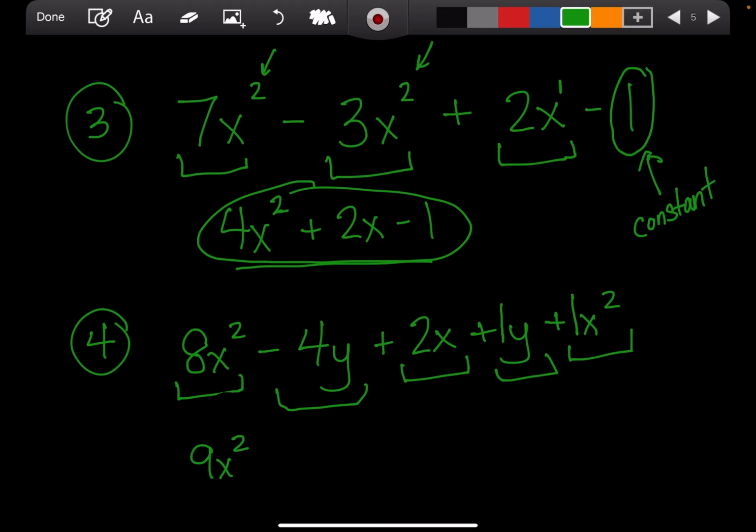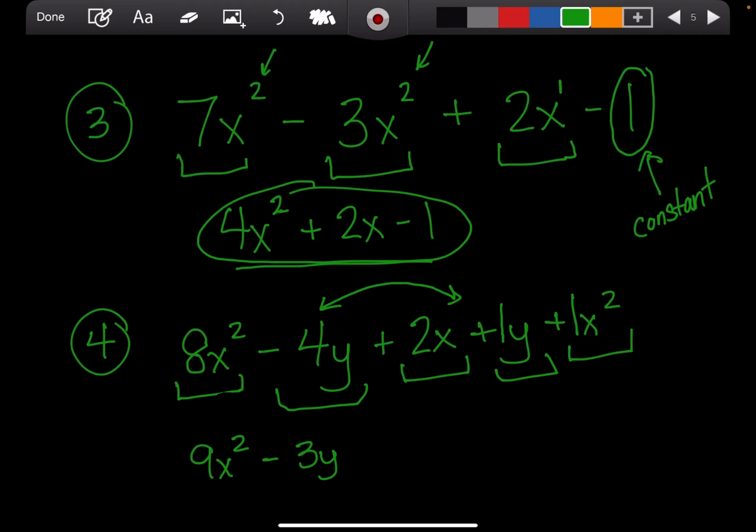So negative 4y plus 1y, I can combine those because those are like terms. They both have the variable y, and their exponents, technically the y's both have an exponent of 1, so those are matching too. So negative 4y plus 1y is a negative 3y. So I write that down after 9x squared.